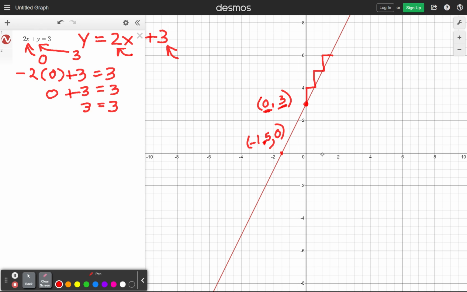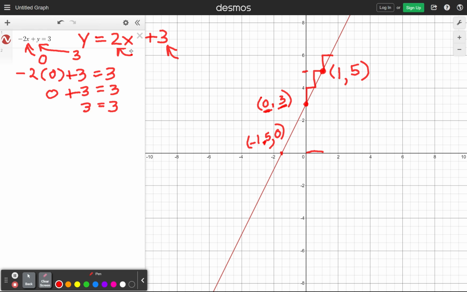All right, so I'm going to just look at this ordered pair right here. That ordered pair, we're going over to 1, up to 5, so that's the point (1, 5). And we can test and see if that's actually on our line by putting in 1 for x and 5 for y.